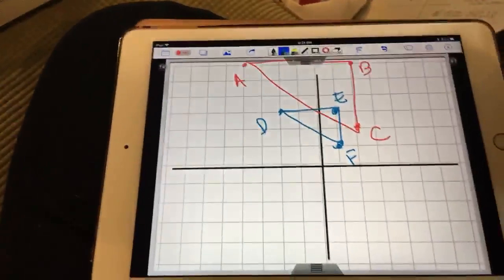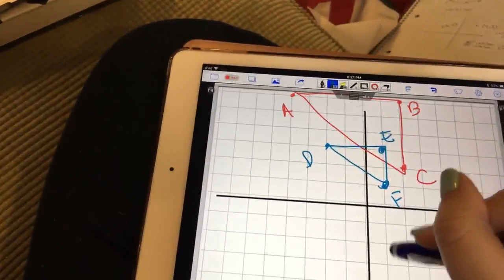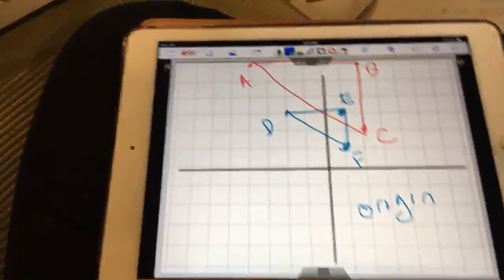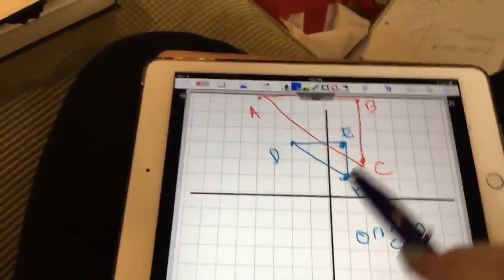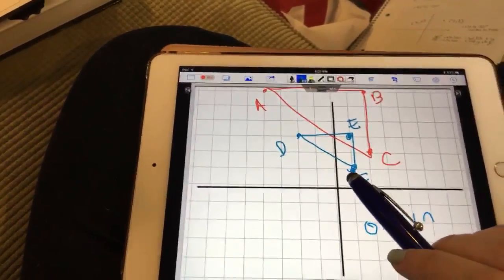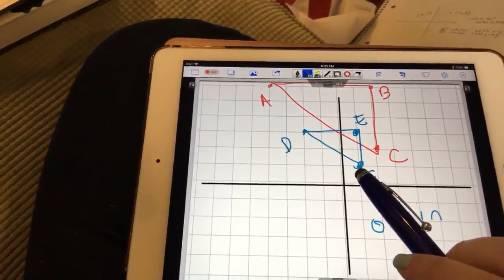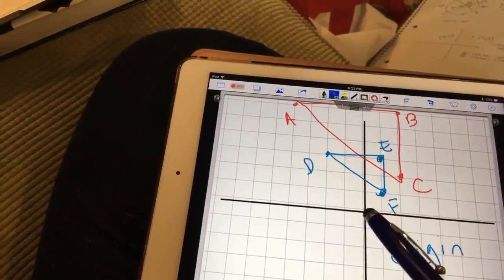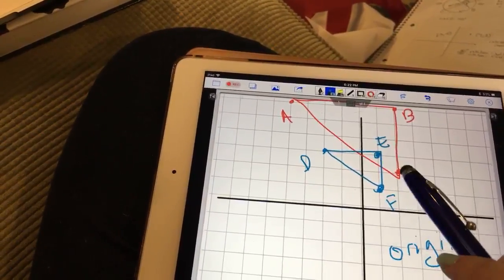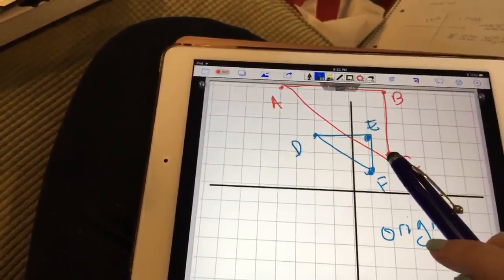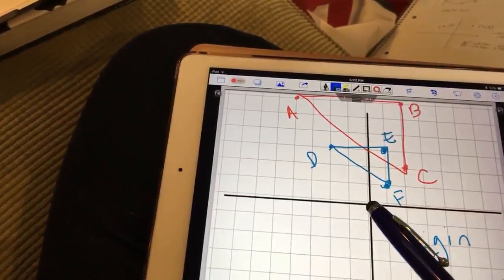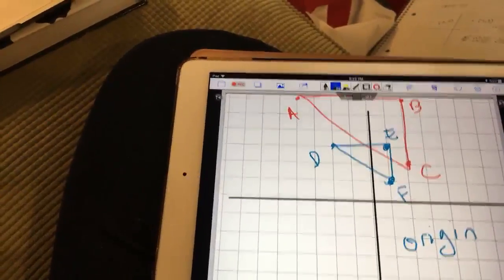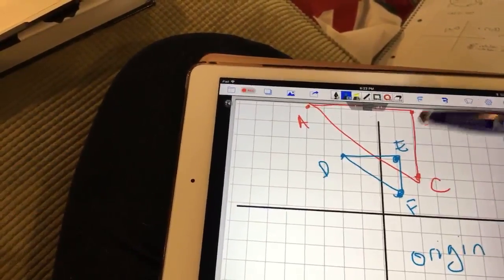The center of dilation is going to be the origin. And the reason that is because, remember, dilation is happening when we're changing the distance from the center to each point. So the distance from the origin to point C was 2 right and 2 up, yes? Now the distance to the corresponding point is 1 right and 1 up, all right?